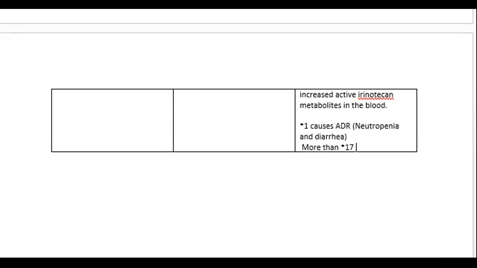More severe ADRs are seen in case of this star 17 variant.